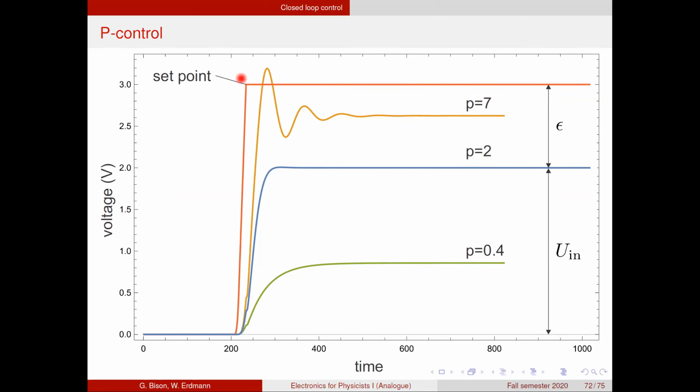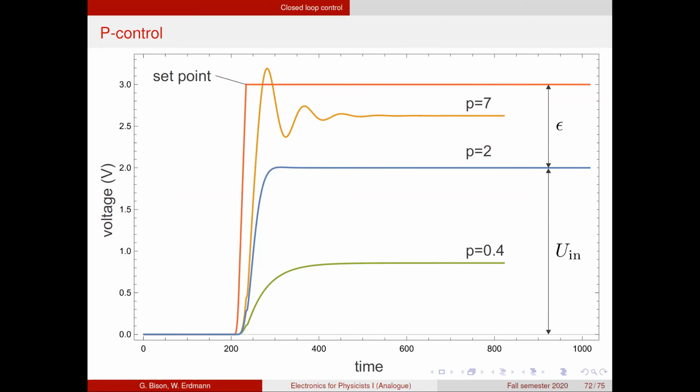And here I have drawn one example where the proportional gain is set to 7. And then you see already, okay, we come closer to the set point. So the error signal becomes smaller again. But it also starts to oscillate. And this is typical behavior.